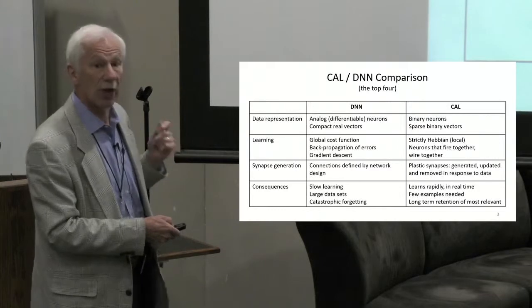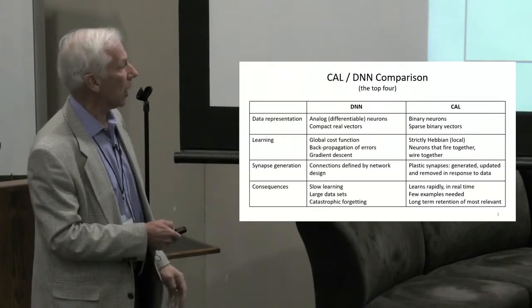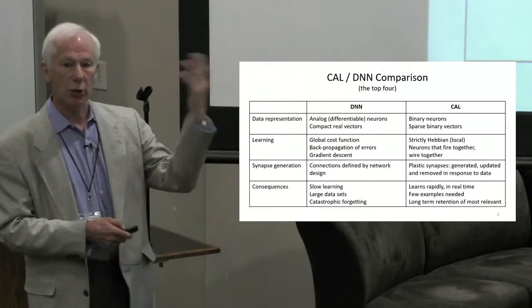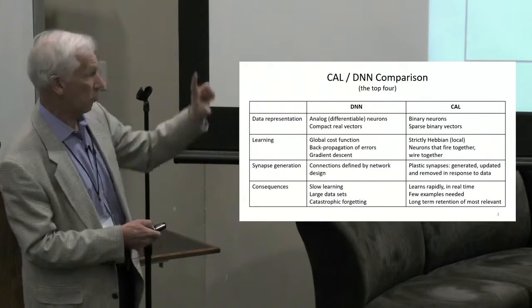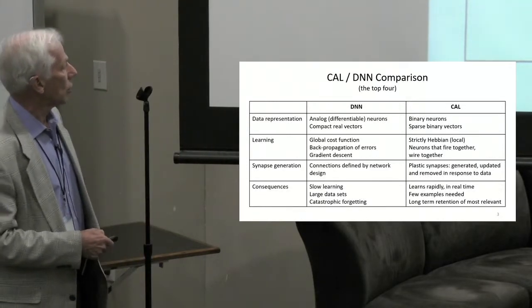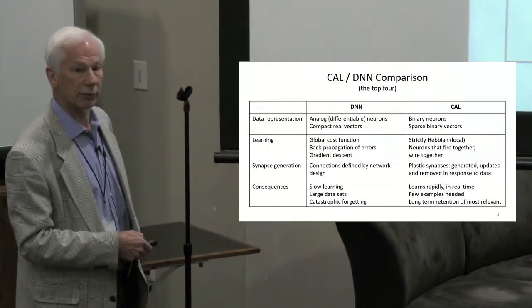Synapses are generated, that is, a connection, maybe a weak connection, but a connection is made, and then it is updated and perhaps removed in response to the data flowing through that pair of neurons. So the consequences of that are slow learning, large data sets, and sometimes catastrophic forgetting.